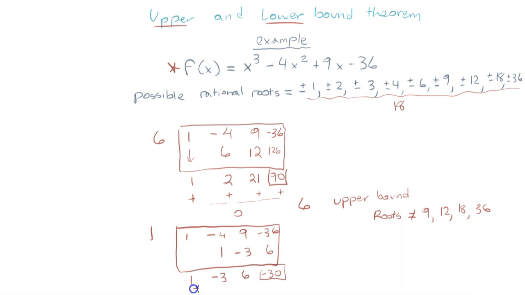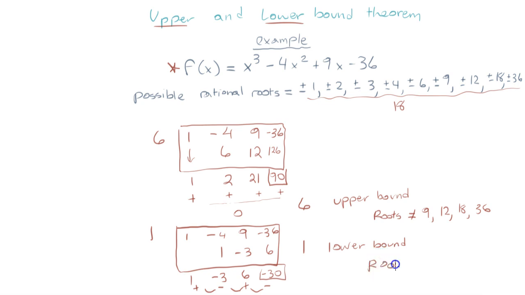But we go from positive to negative to positive to negative. We see here that we are alternating signs. When we see alternating signs, this means that we have found what's called our lower bound. That's great as well. That means that no number less than 1 could be one of our real roots.